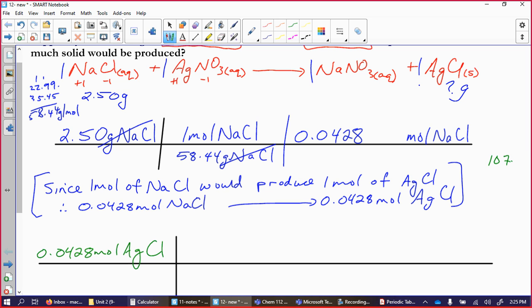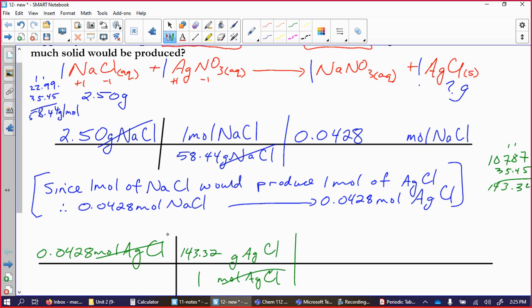Silver is 107.87 and chlorine is 35.45, which adds up to 143.32. Grams in 1 mole, assuming I added that up properly, which looks reasonable.